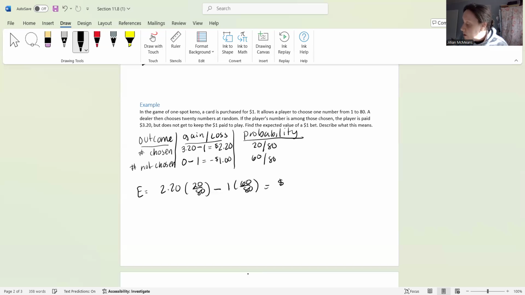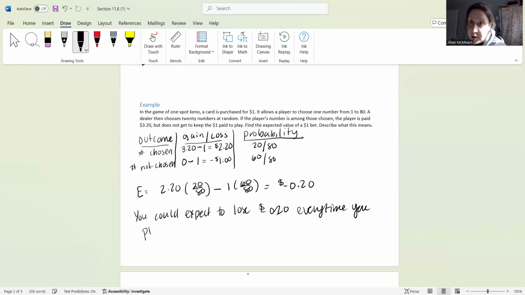The expected value is negative 0.20. That means if you were to play this one spot Keno over and over and over and record your winnings, you could expect to lose approximately 20 cents every time you play over the long run.